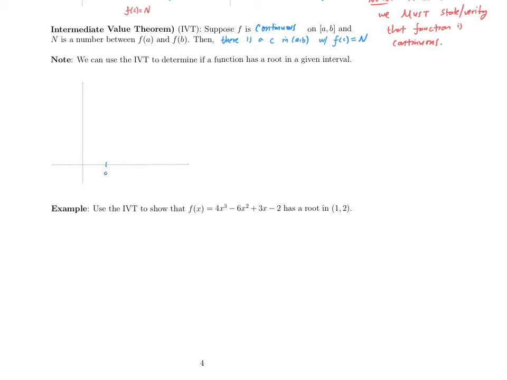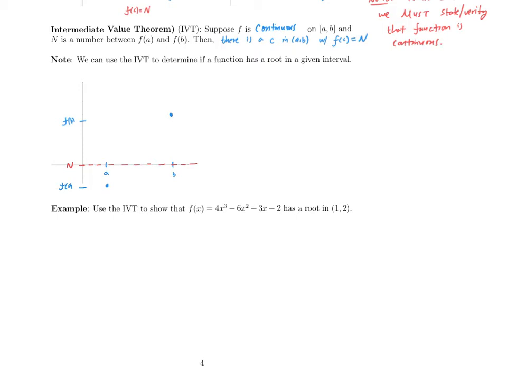So if you know your function is, let's say, negative at a and positive at b. So the graph looks something like this. Well, that is going to allow n to be some value in between a negative and a positive.